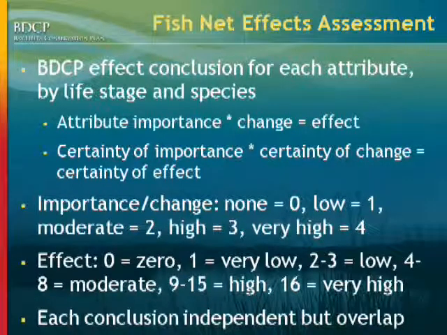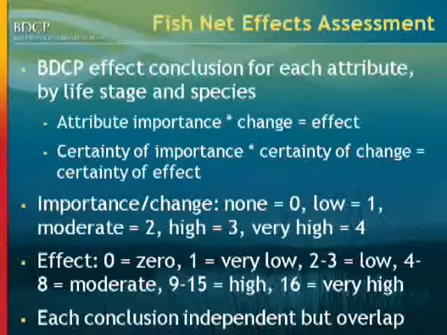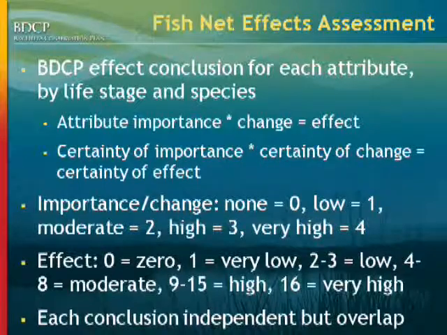And the product, so the effect, as I mentioned before, was the kind of combining these two things. And so having converted these qualitative words into rankings here, this allowed these two to be multiplied together and gave a range of products which then could be converted back into a qualitative assessment.